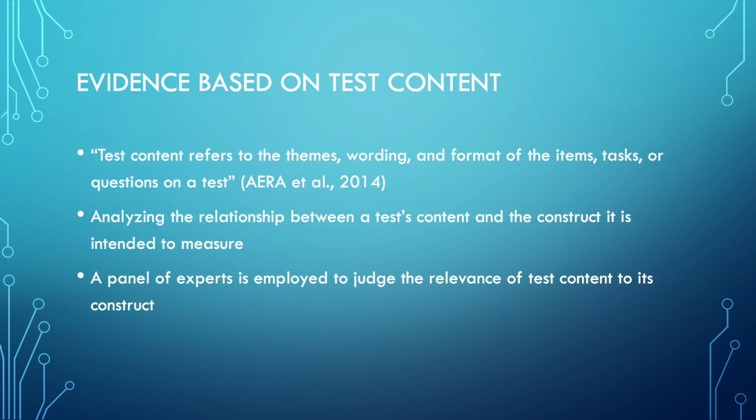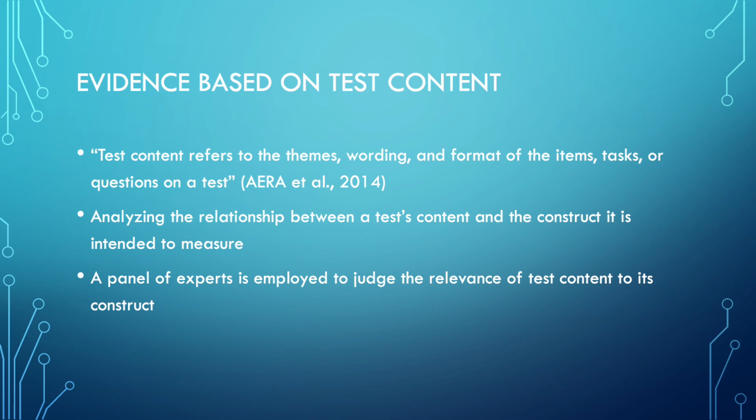So the first of the evidence of validity is evidence based on test content. Test content refers to themes, wording, and format of the items, tasks, or questions on a test. So we can look at the validity, see if those questions are actually written appropriately, where they're getting at the core of what we want to measure.